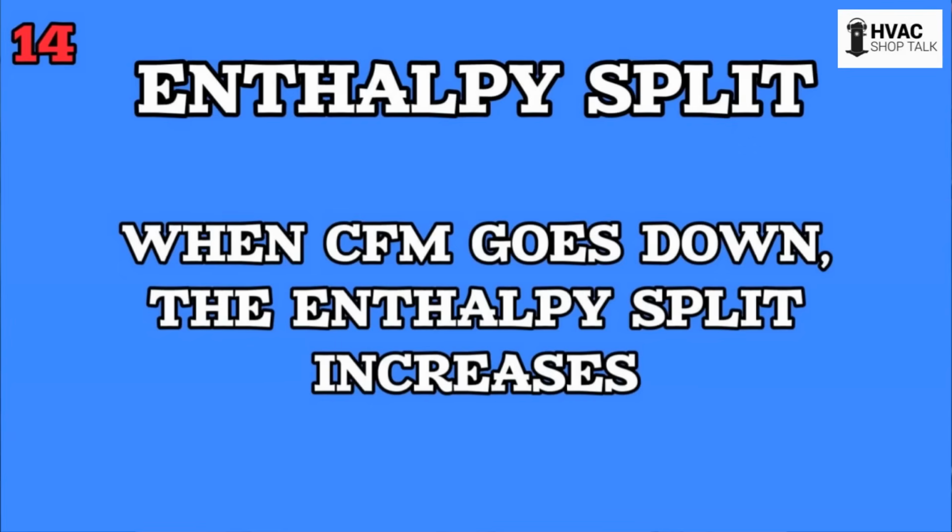If we keep going here, when the CFM goes down, the enthalpy split will increase. Much like a regular sensible split, if your CFM goes down, it will start getting larger. More time exposed to the coil allows more heat to be taken out of the air.